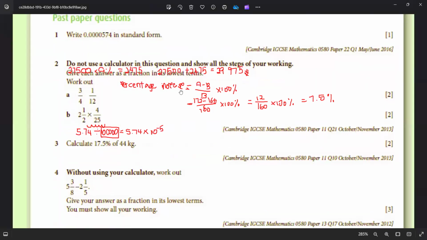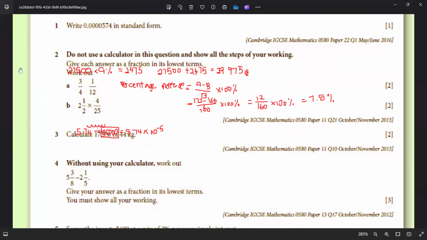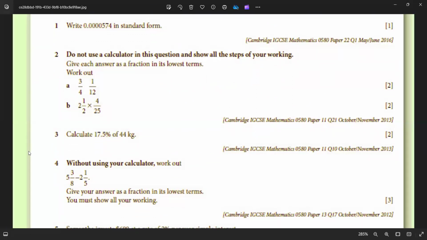Question number 2. Give each answer as a fraction in its lowest term.